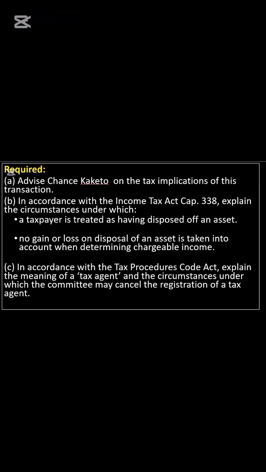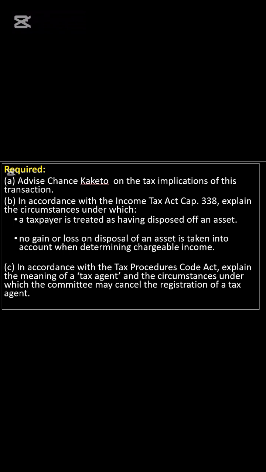When you sell an asset, that one is deemed as disposal. Two, you have exchanged it to someone. Let's assume you wanted land and you had a motor vehicle. You can give your motor vehicle to someone and you get that land. So in that case, we assume that you have sold that motor vehicle.